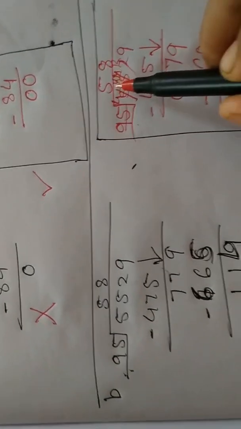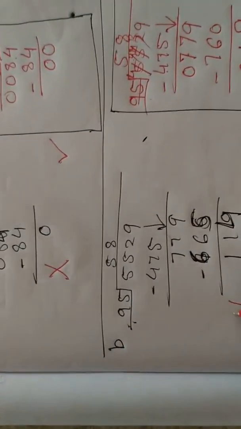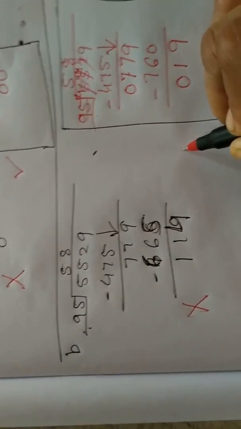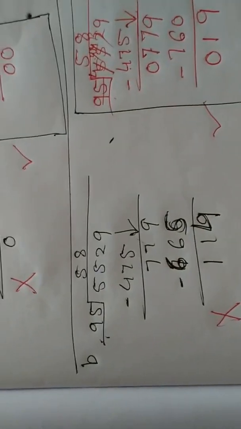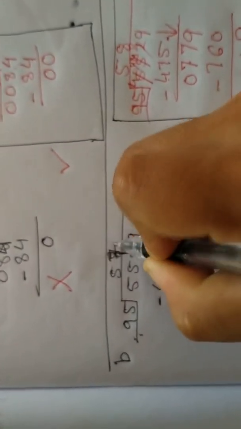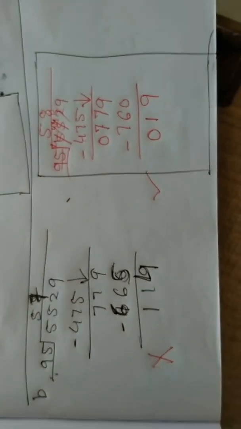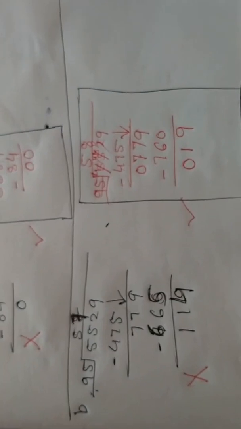So our answer is 58. So this sum is wrong and this is the correct one. Now students, I'll give you 1 minute to write down the sums in your maths notebook.